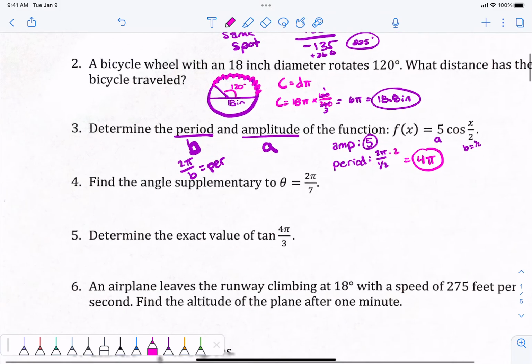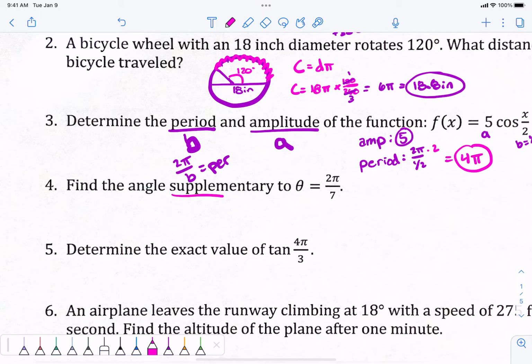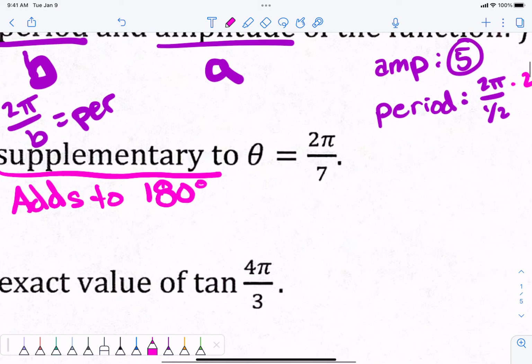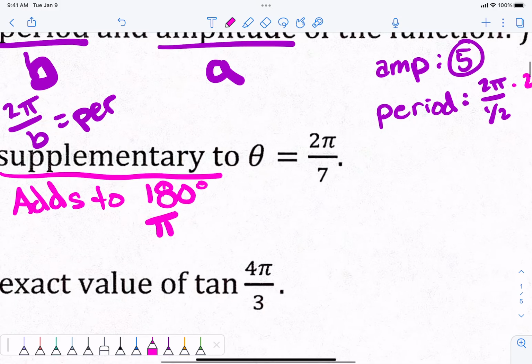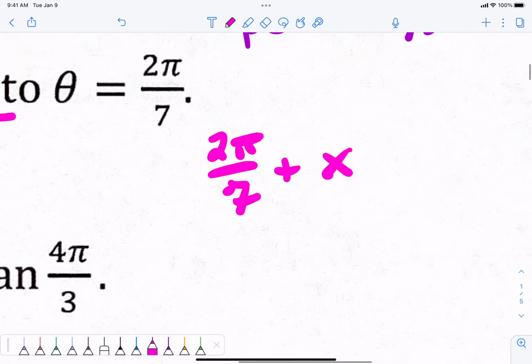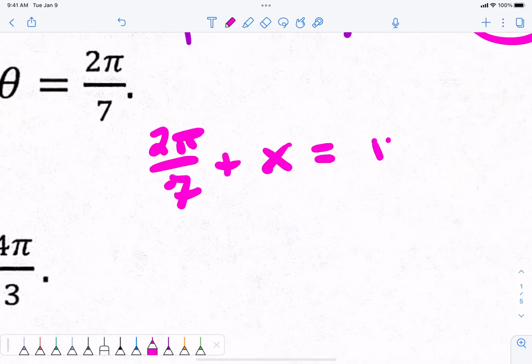Moving on. Find the angle that's supplementary. What's supplementary mean? Adds up to 180 degrees. But 180 degrees in terms of radians is pi. So in this case, we have the angle 2 pi over 7. I want to know what I have to add to it, so I'm adding x to it to get pi.